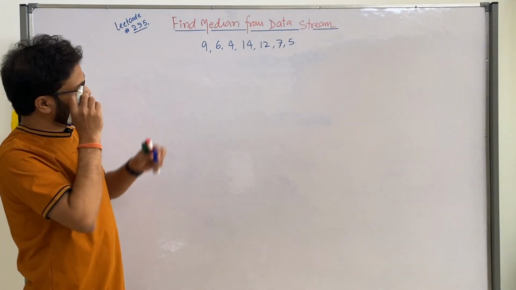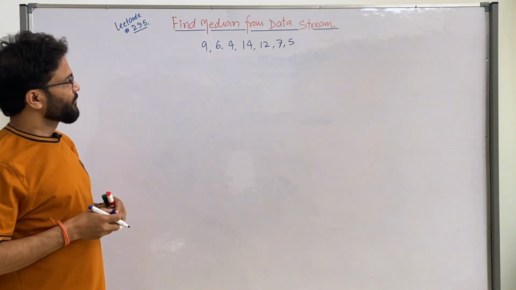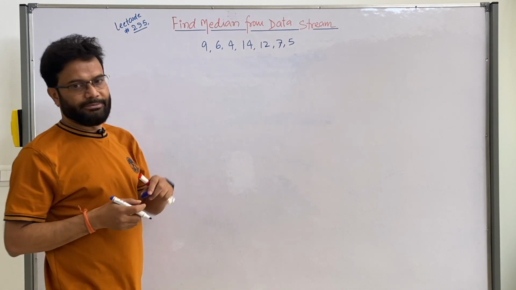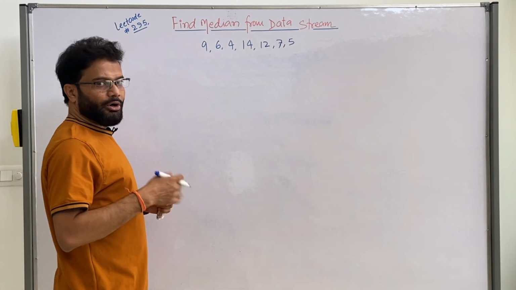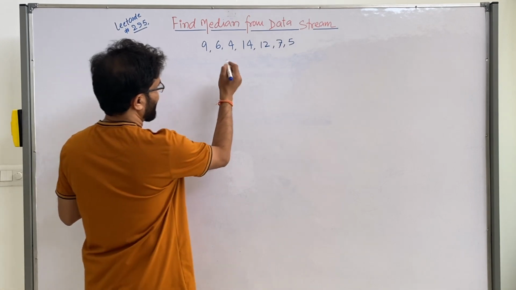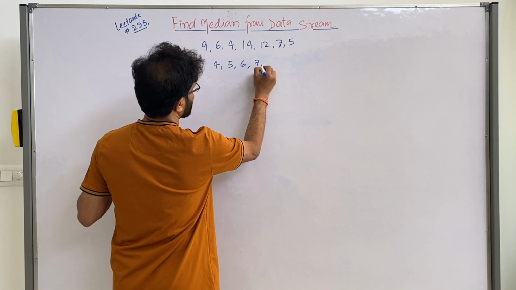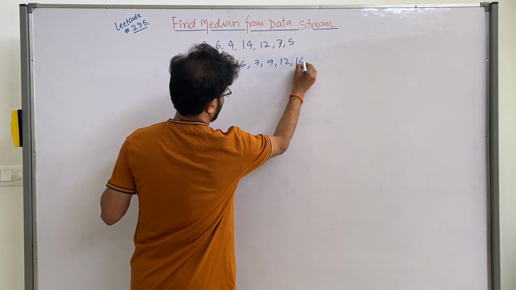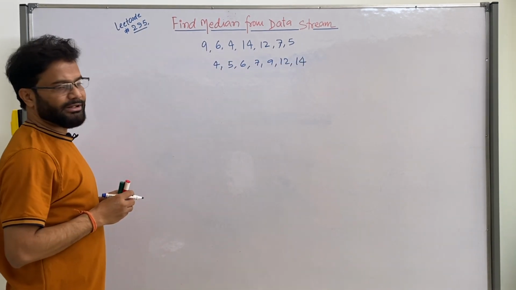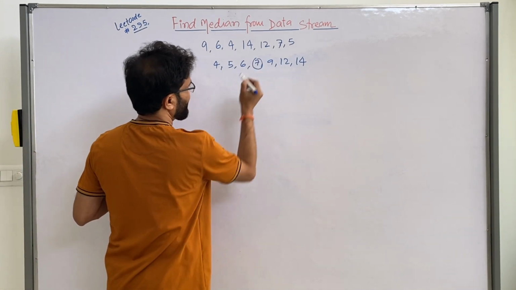Suppose at a point in time this data is given: 6, 4, 14, 12, 7, 9 and 5. How do we do that? After sorting it becomes 4, 5, 6, 7, 9, 12 and 14. And what is the median here? The median is 7.